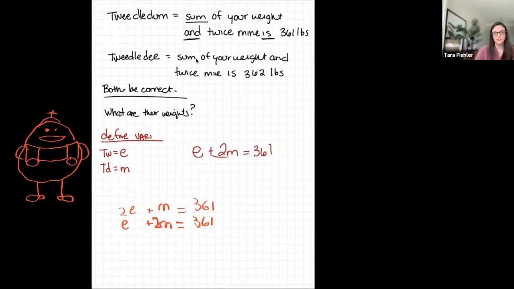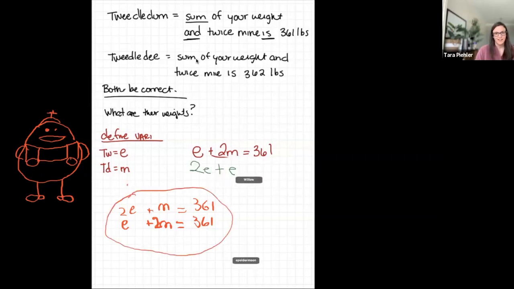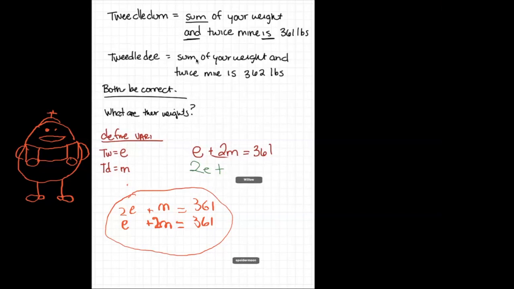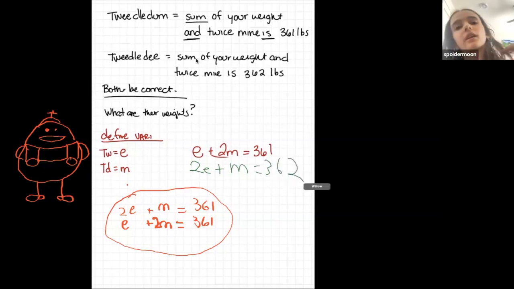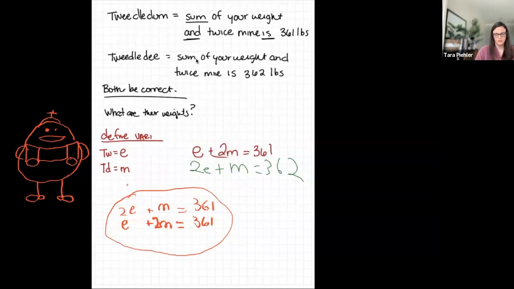Okay. Then what Tweedledee said, so what would Tweedledee's be? The sum of your weight plus twice mine. Very good. So Emma, that's perfect. And Grace, I think you're green.